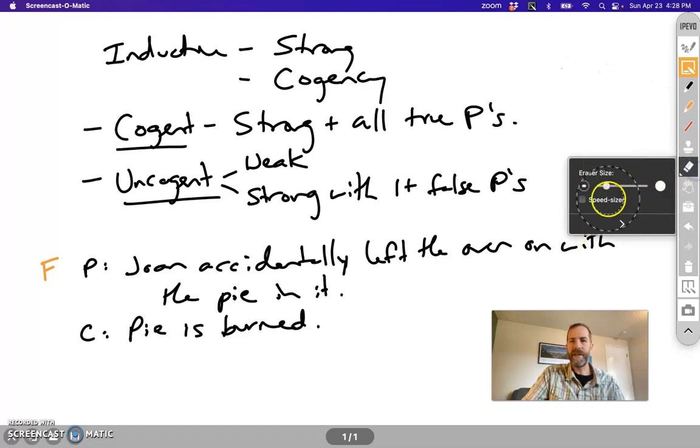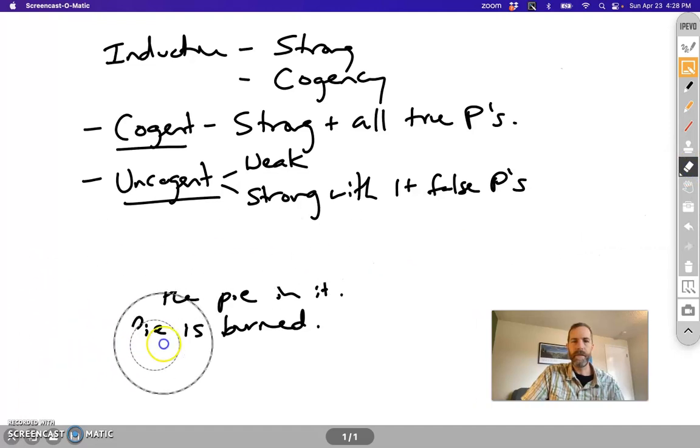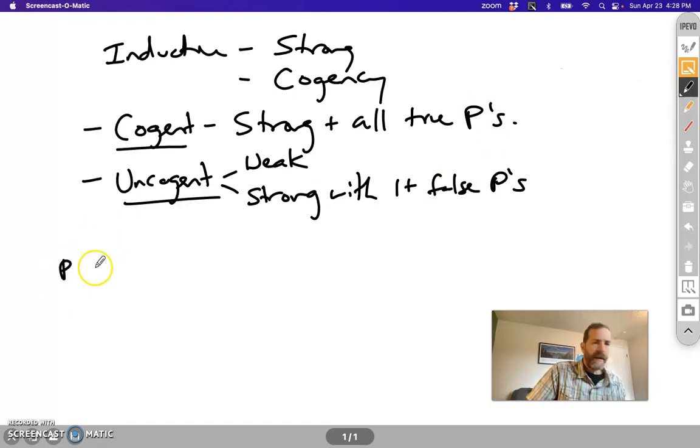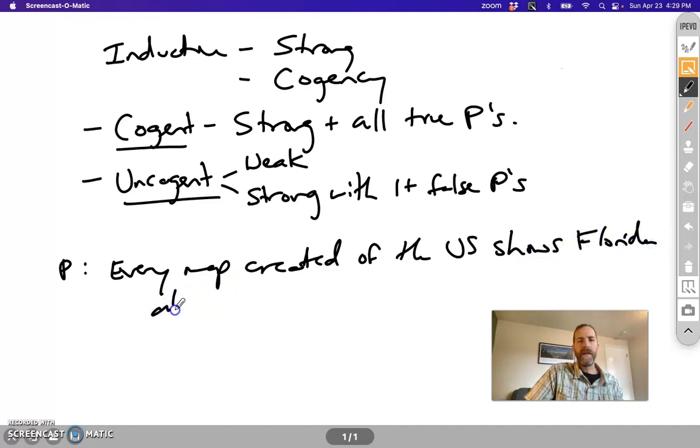Now let's consider another case. And this says every map created of the US shows Florida alongside the Pacific Ocean.